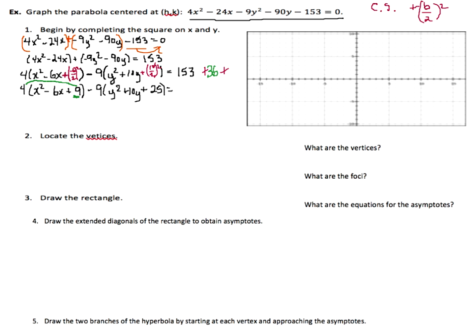Same thing here. I have a 25 inside, but that gets multiplied with a negative 9, so I'm actually going to subtract 9 times 25, which is 225. So 153 plus 36 minus 225 lands us at negative 36.